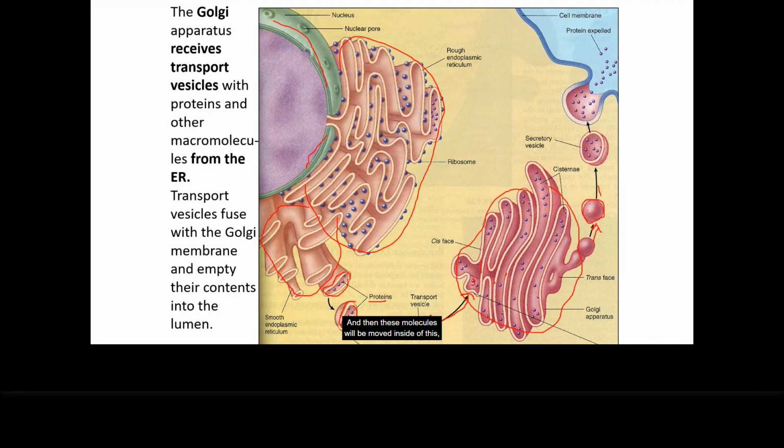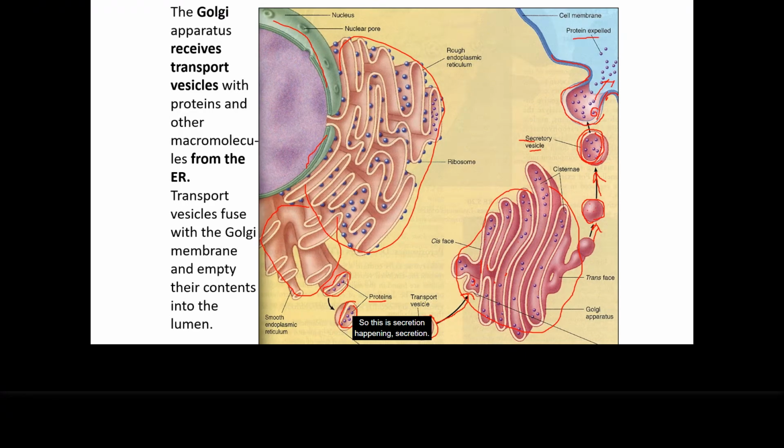Then these molecules will be moved inside, for example, secretory vesicles for secretion. Now this vesicle will fuse with the cellular membrane and release these proteins out of the cell.